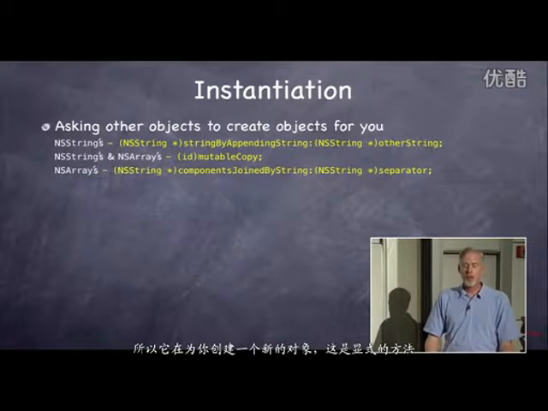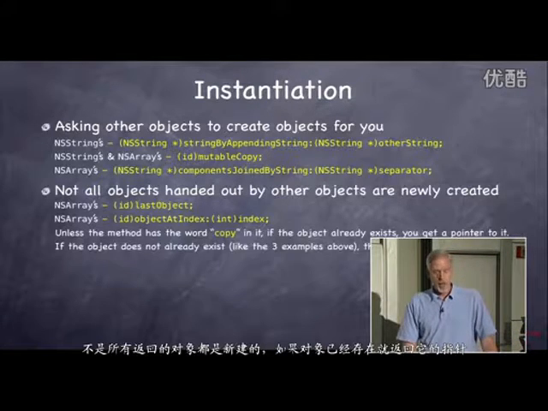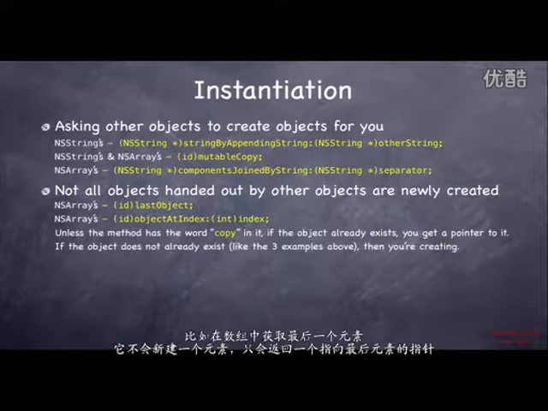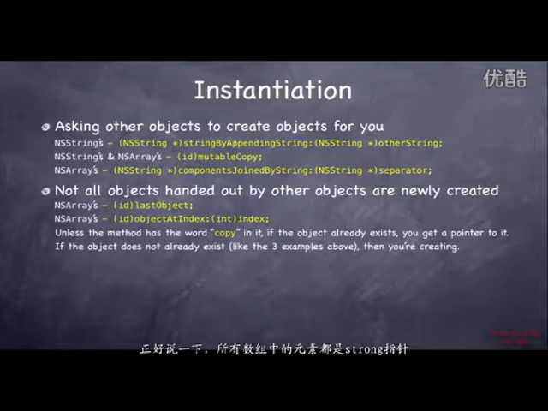All right, so this is an obvious way. Not all objects that you get by talking to other objects are created, of course. If the object that you're asking for already exists, it'll just give you a pointer to it. So in an array, if you say, give me the last object, it's not going to make another object. It's going to give you a pointer to that object that's in the array. By the way, this is a good time to say, all the objects in an array are pointed to strongly.